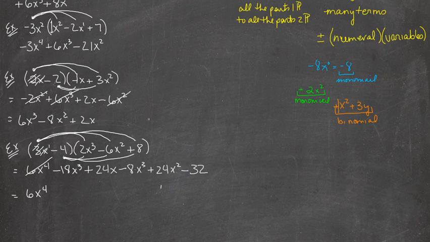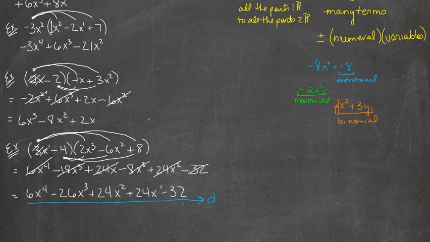Negative 18 minus 8, negative 26, green marbles. Now, only 1x squared. Done with that one. Only 1x. Done with that one. And negative 32. And so I have written this polynomial in descending order.